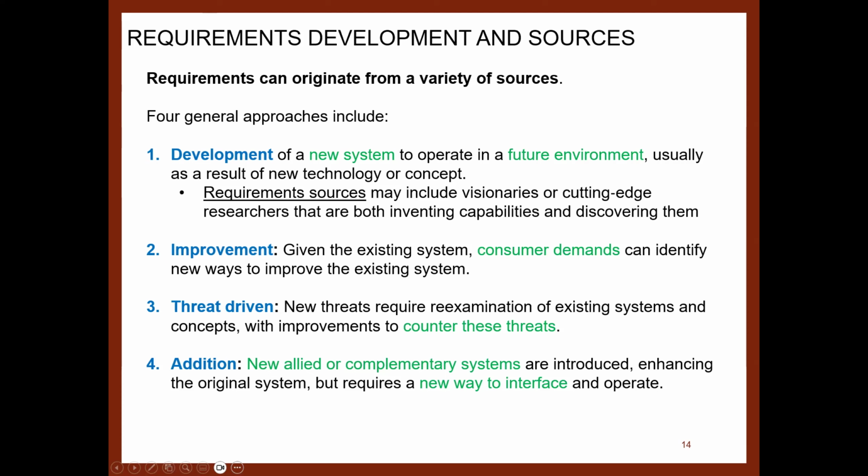These are complementary systems that can help you be more efficient, right? And these additions can generate some new ways of enhancing the original system, but require new ways for interfacing with the original system and to operate. So these are 4 general approaches that can help you originate those requirements.